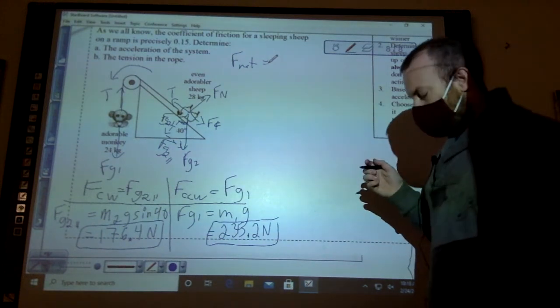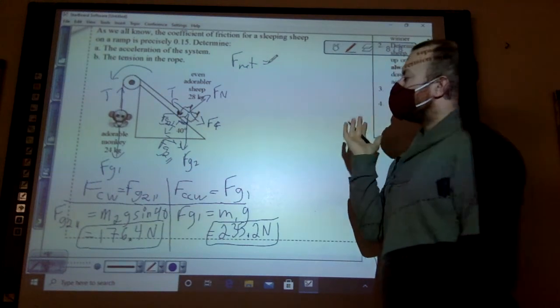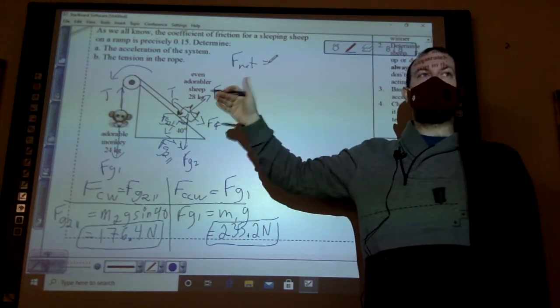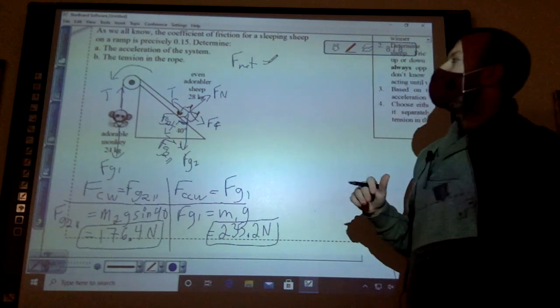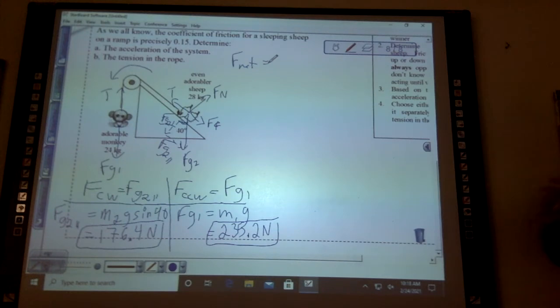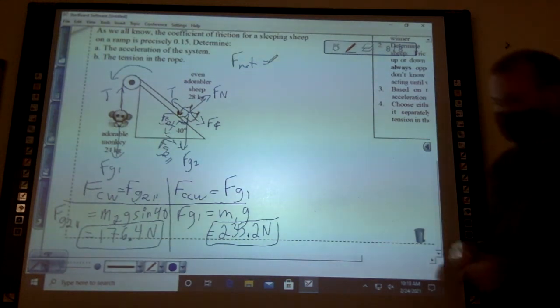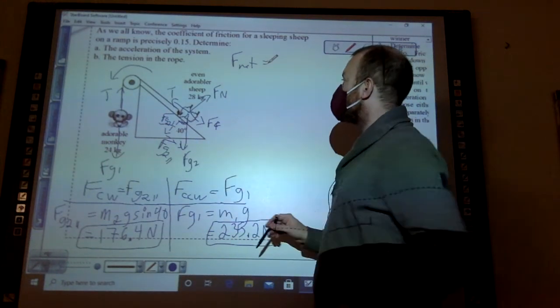So let's look at what is positive and what is negative. The last time I went through and just said these are all positive, these are all negative. Let's try a different strategy with this. I'm always showing you different ones so that you can see a different strategy and hopefully you pick up on one that you like better. So let's just work our way through the whole thing and figure out if something's positive or negative.